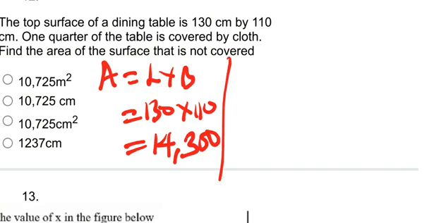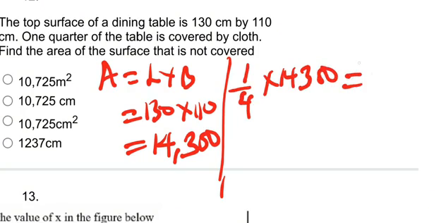Good. Then the next thing is, one quarter of the table is covered by cloth. So let's find one quarter of it. One quarter means 1 over 4 multiplied by 14,300, and that will give us 3,575. So this is the area that is covered. We now need to calculate the area that is not covered.